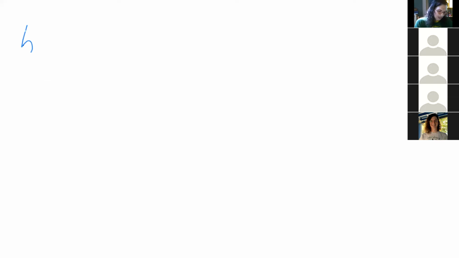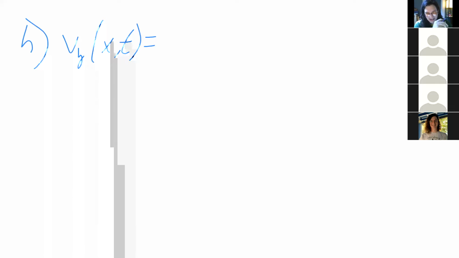For part H, we want to find v sub y of x comma t, which is the derivative of that whole long function. Now we're doing a Calc 3 derivative here, and I know that everyone hasn't taken Calc 3, so I don't want to get into partial derivatives.